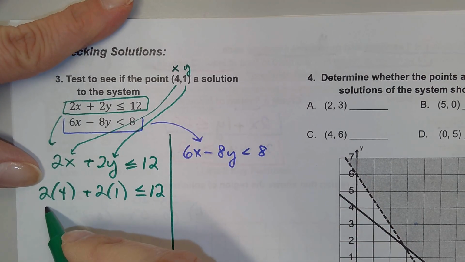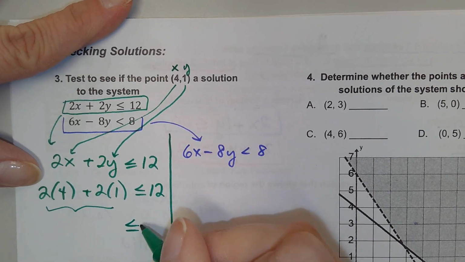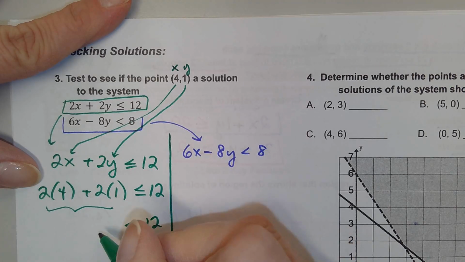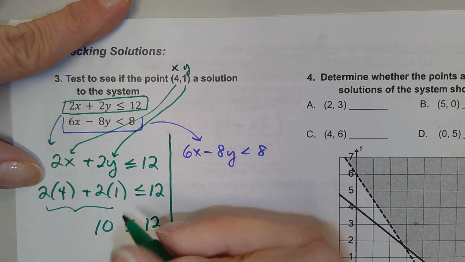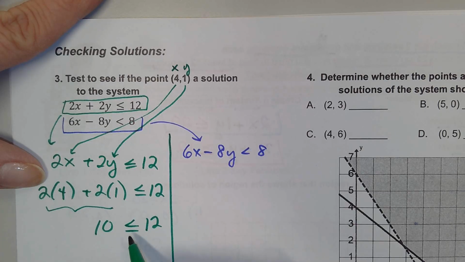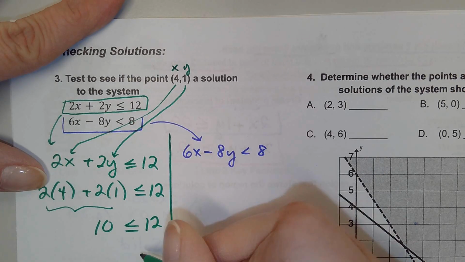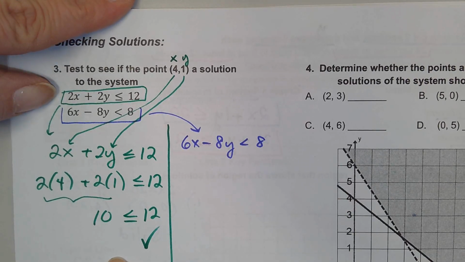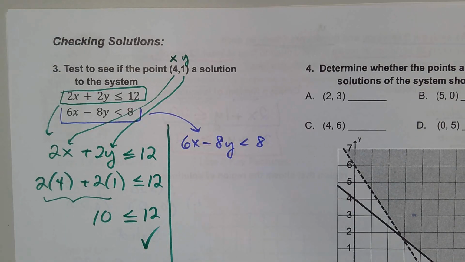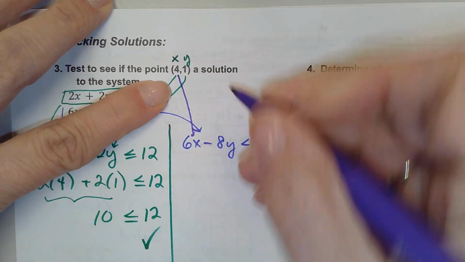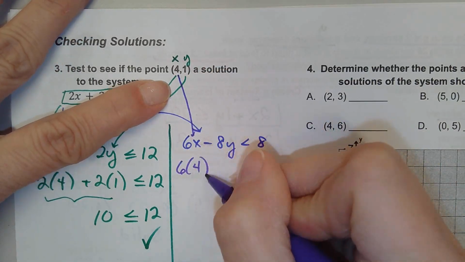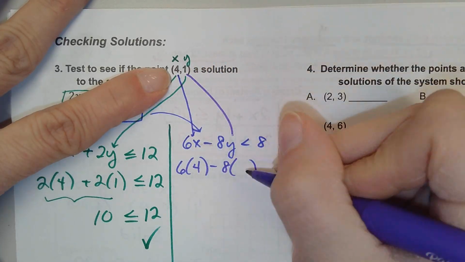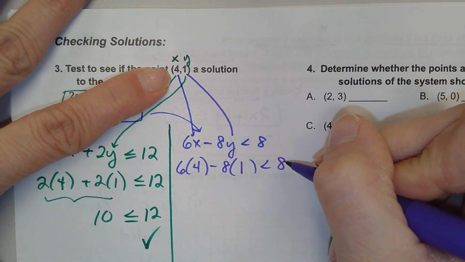What do you get when you calculate that? 10 is correct. Is 10 less than 12? Yes, it is. It's working for the first one. Now we have to try the second one. 4 goes into x. 6 times 4. Let's use parentheses. 8 times 1.